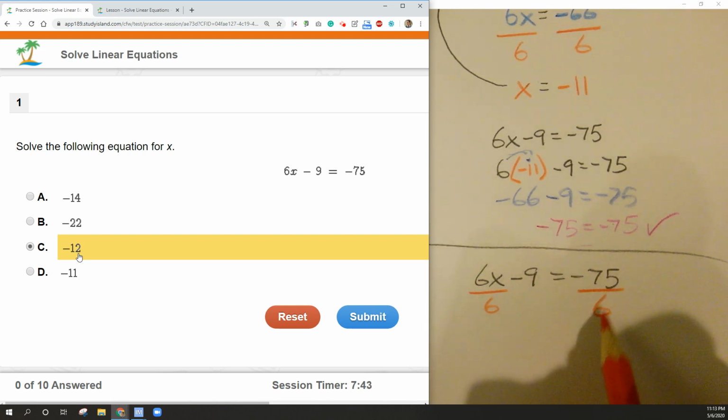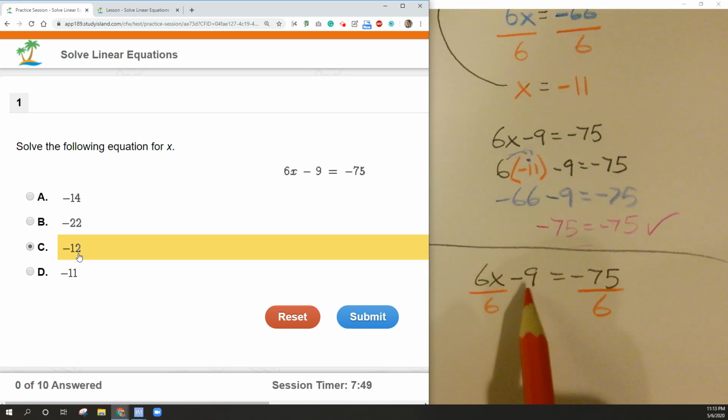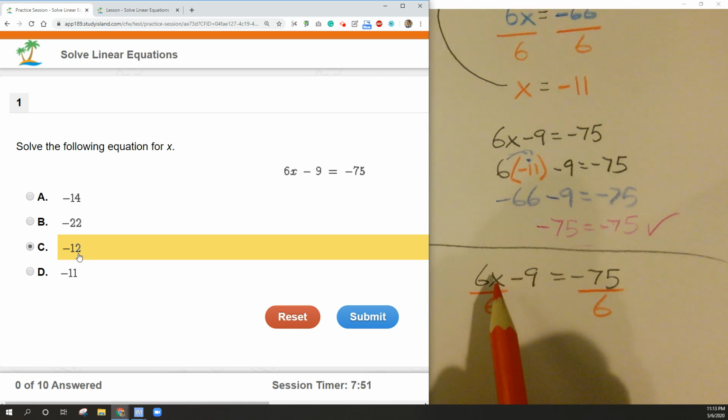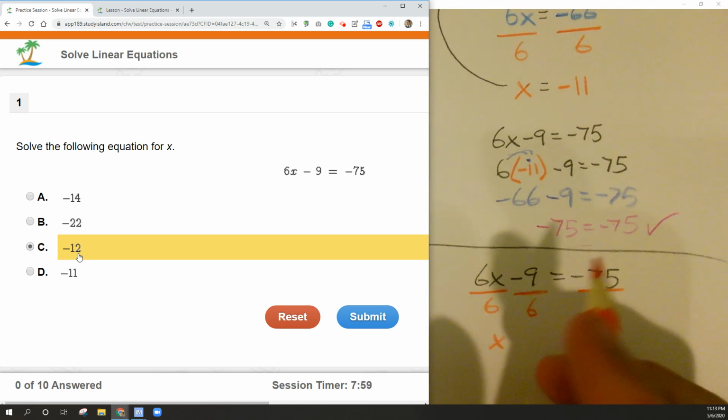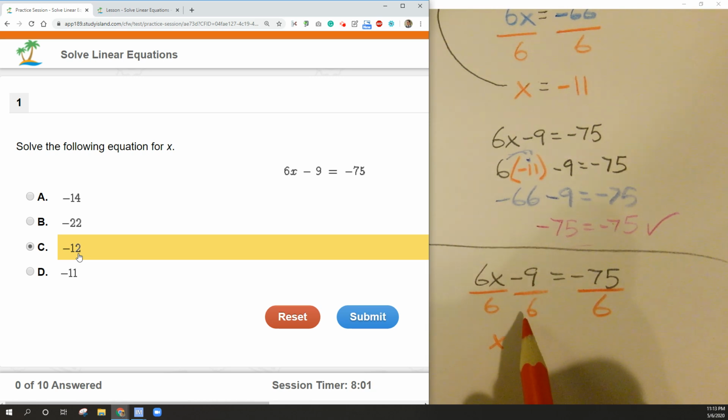The right side got divided by 6. The entire right side is just negative 75. If I divide the entire right side by 6, I have to divide the entire left side by 6, which means everything gets divided by 6. Well, what happens now? 6x divided by 6 is 1x, just like it's supposed to be. But now I've got this negative 9 divided by 6 part, and that makes negative 3 halves.